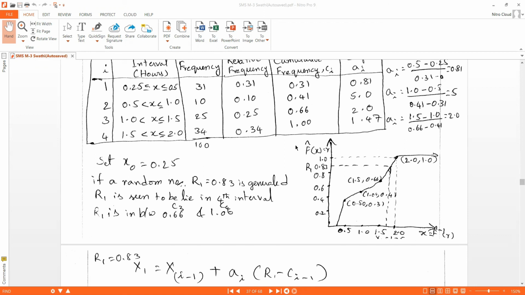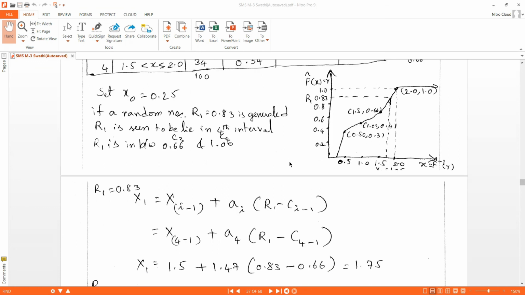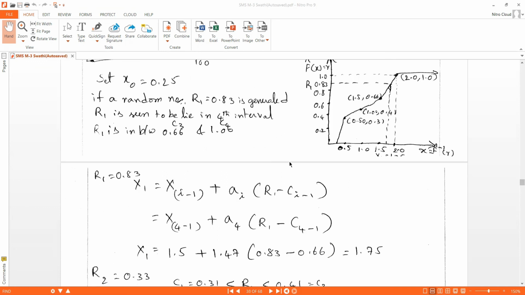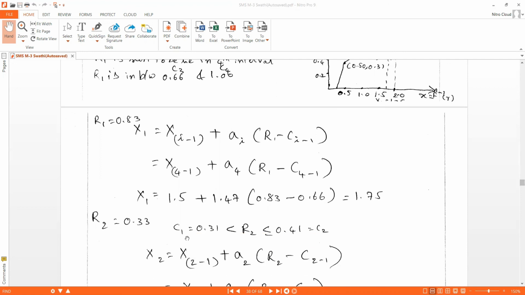So we need to assume I equal to 2. We'll assume that R2 lies in the second interval. C1 is 0.31 and C2 is 0.41. R2 value is 0.33, which comes between 0.31 and 0.41.